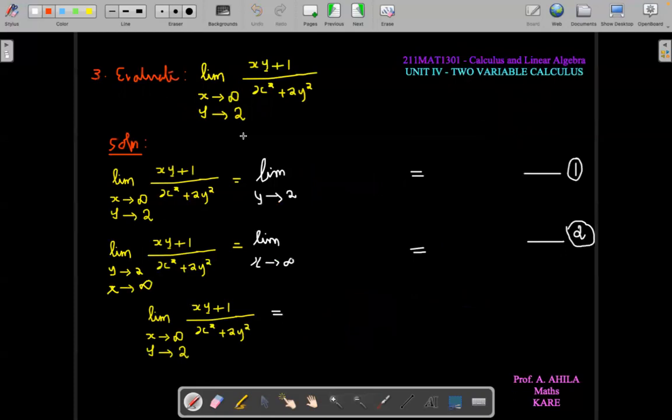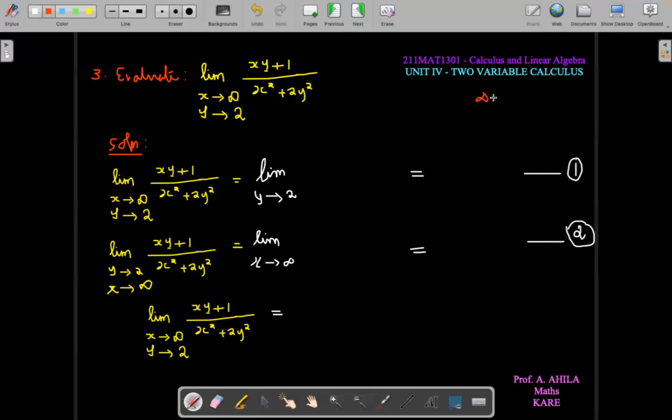Okay. Next. Evaluate the limit as x tends to infinity, y tends to 2, of (xy + 1)/(x² + 2y²). Now let me take the first path: limit x tends to infinity, y tends to 2, of (xy + 1)/(x² + 2y²). Now I substitute x tends to infinity. So what happens?